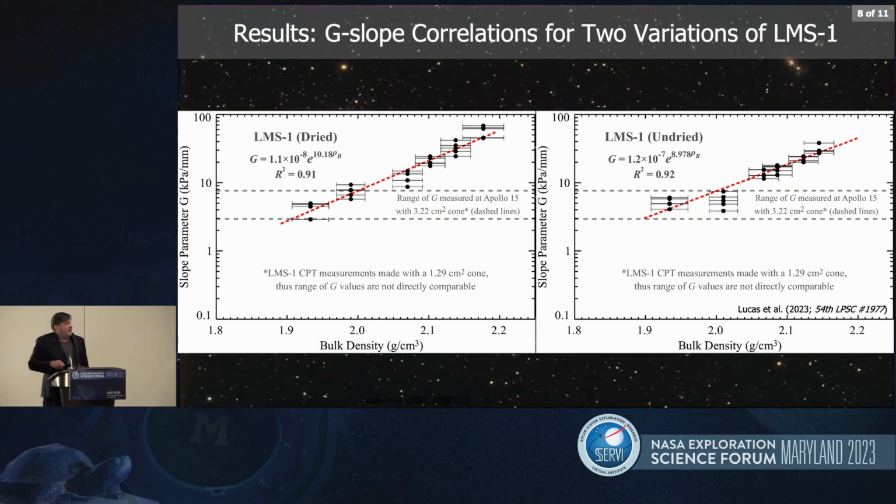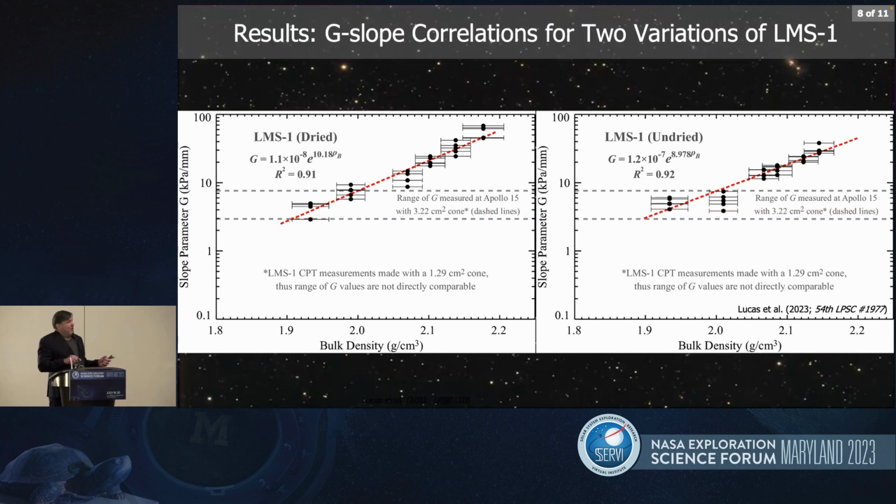Well, all self-recording penetrometer data from Apollo 15 was used with a larger cone designed for softer soil, so we can't really compare too well this range measured at Apollo 15 with ours. And so you can see that all these correlations show very strong exponential relationships.